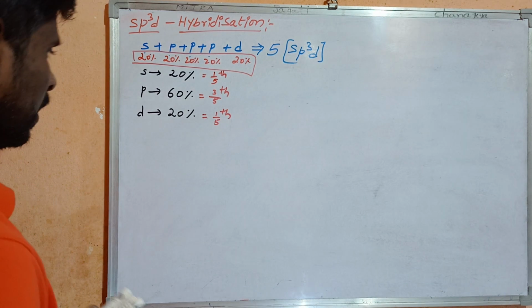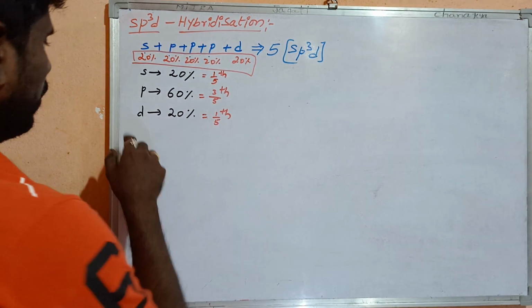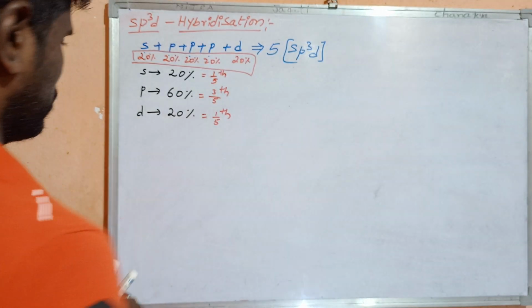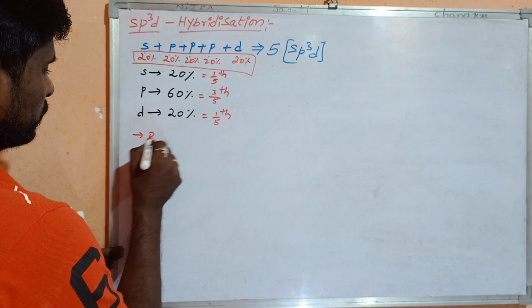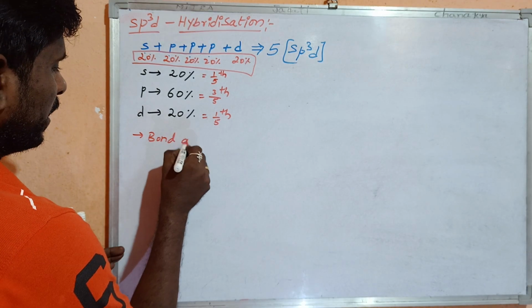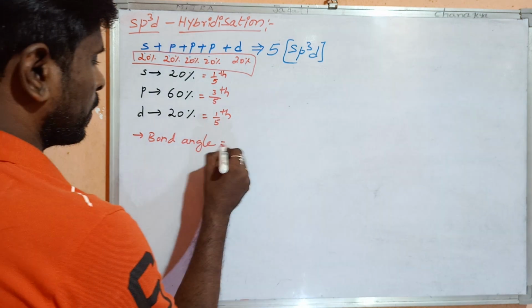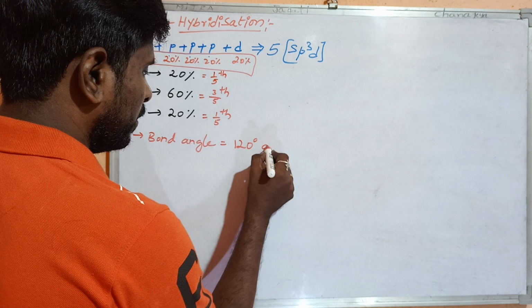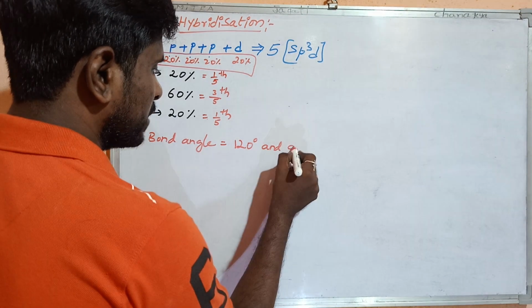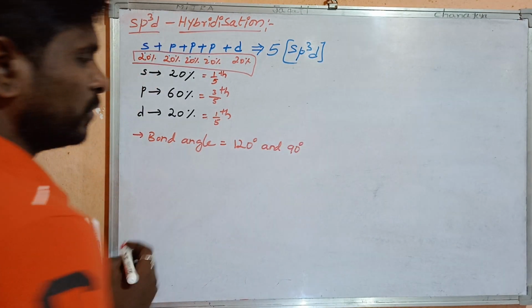Next, we have to discuss the structure. Here the bond angles in this hybridization are 120 degrees and 90 degrees. Two different angles are there.